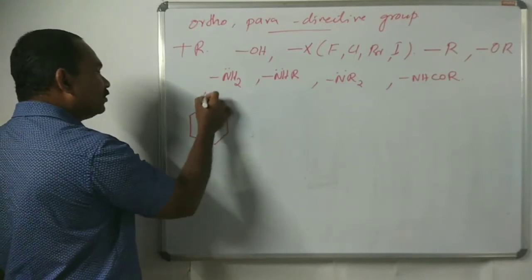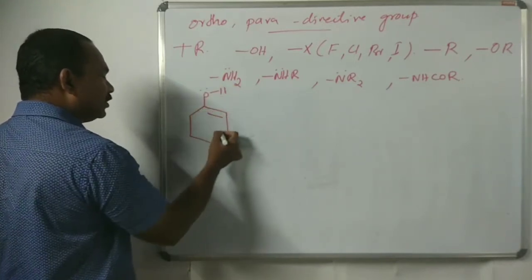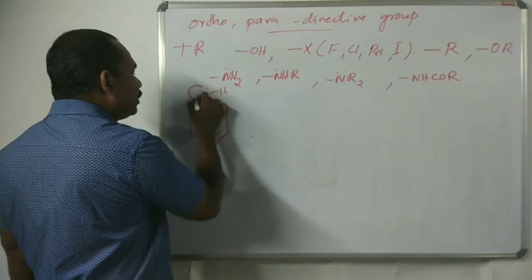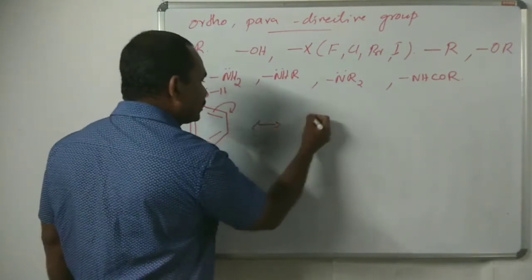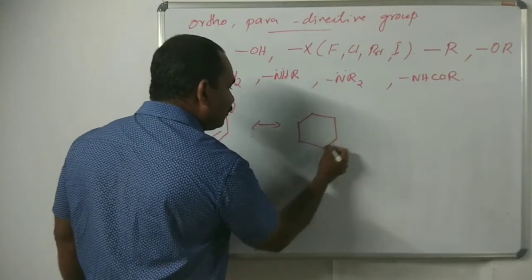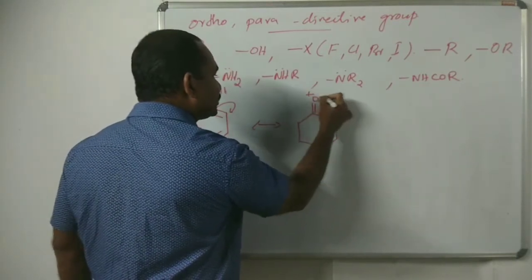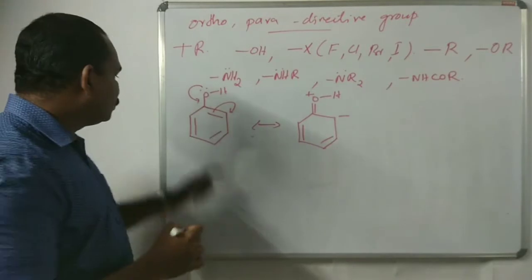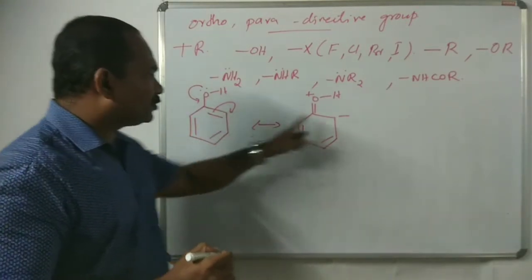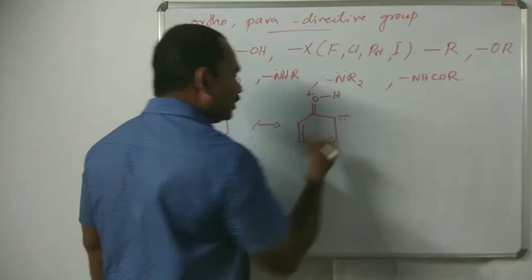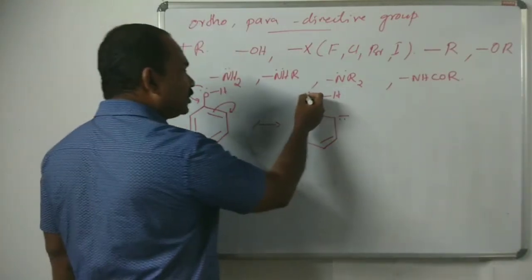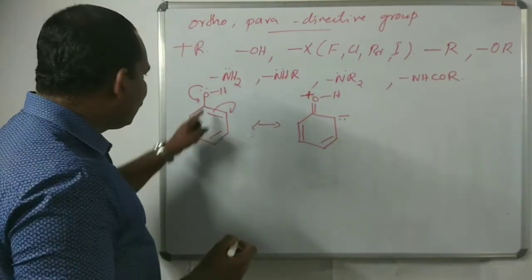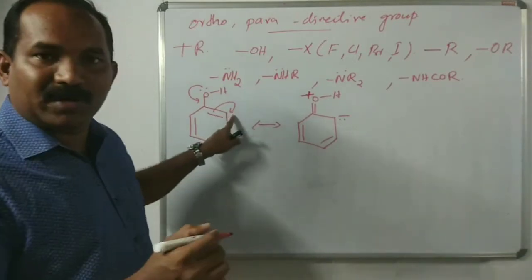Let's discuss how they are ortho-para directing. First of all, we write phenol. In the resonance of phenol, oxygen donates a lone pair, the pi bond shifts, and the carbon atom gets a negative charge while oxygen becomes positive. The position nearest the functional group, the 1-2 position, is known as the ortho position.